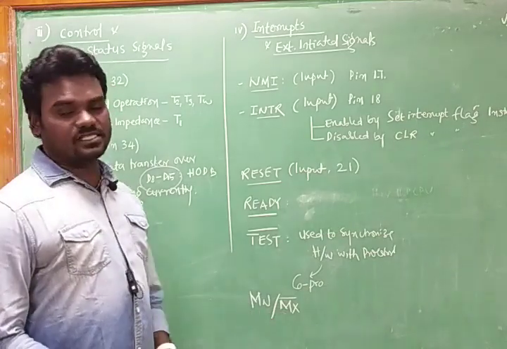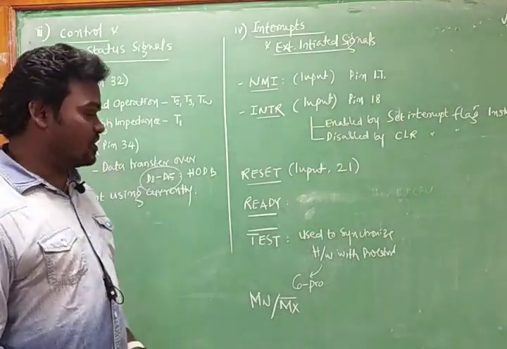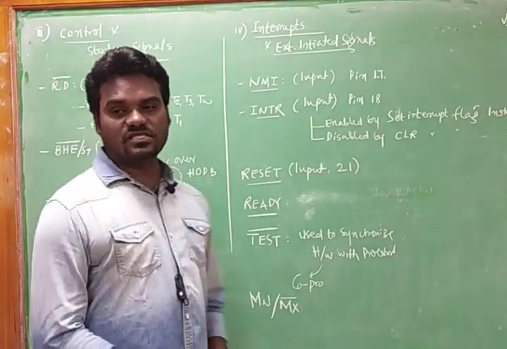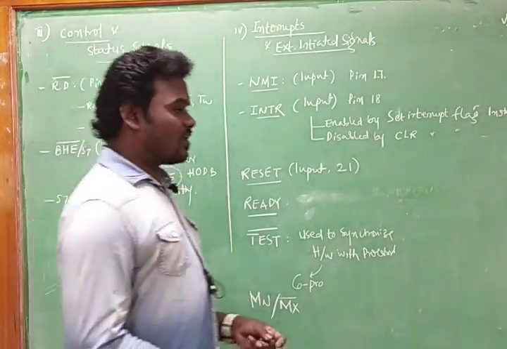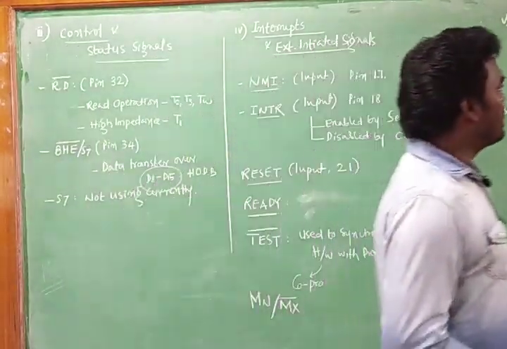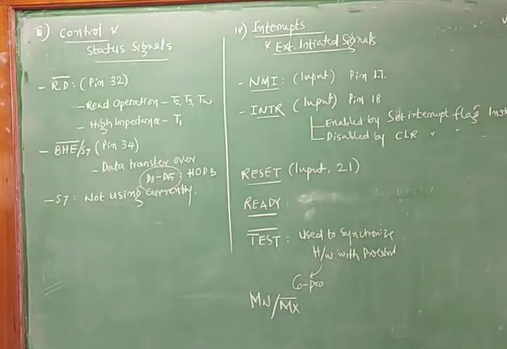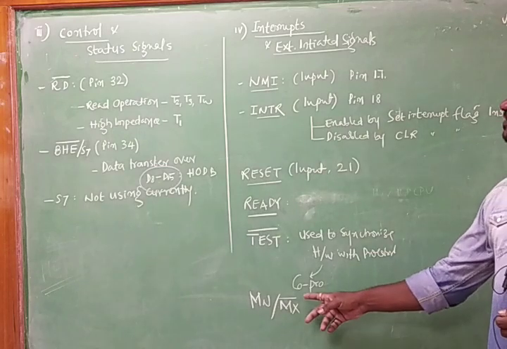Whenever this signal takes logic 0 as input, the same processor will enter the maximum mode of operation. When a single processor is enough to complete a required function, that is named the minimum mode of operation. When the processor is associated with some other coprocessor, that is named the maximum mode of operation.